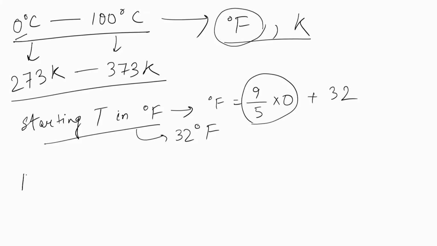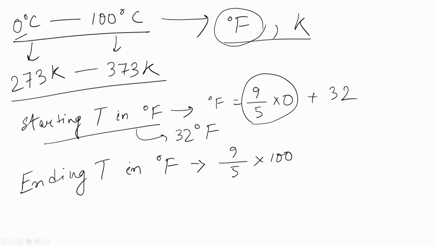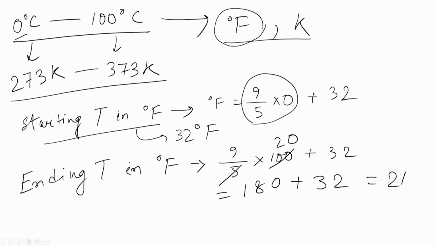Now, the ending temperature in degree Fahrenheit. What will it be? It will be 9 by 5 into 100 plus 32. So, this is 180 plus 32, 212 degree Fahrenheit.